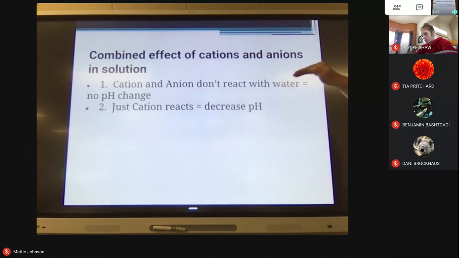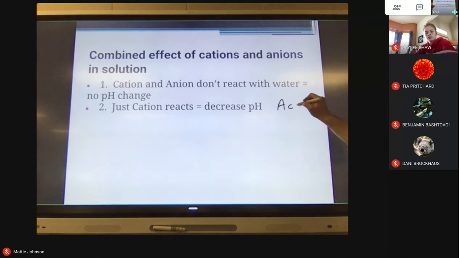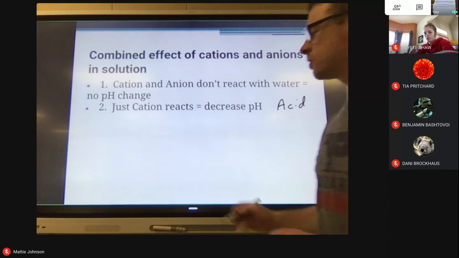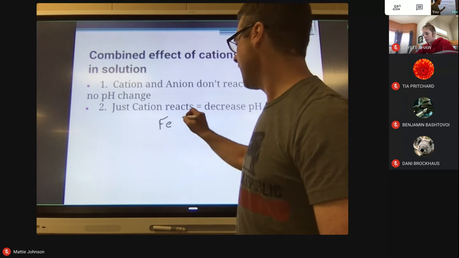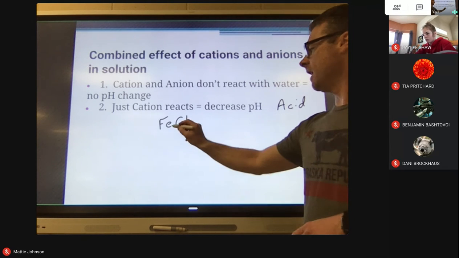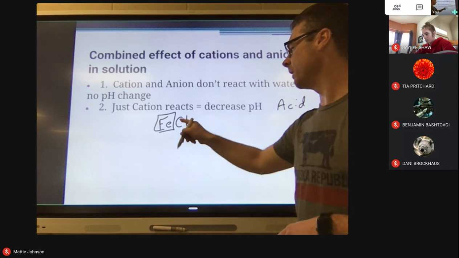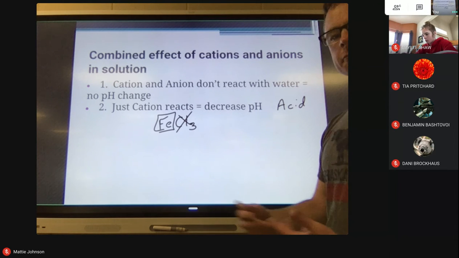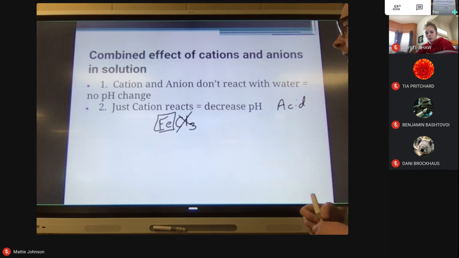If just the cation reacts, it's going to decrease the pH and it's going to make it acidic. Okay? So just the cation. What would be an example of just the cation? I'll give you two. Let's say we had FeCl3. Okay? FeCl3. Fe is iron 3+. Cl doesn't do anything. So if you see that, oh, that's an acid. Okay? Just one of those things to log.